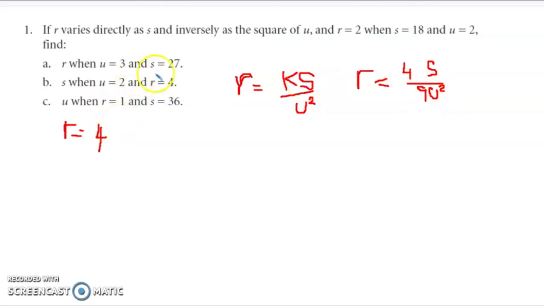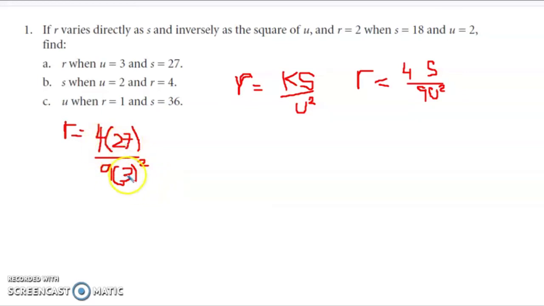So 4, S is 27. So I'll be substituting that. 27 over 9. What is the value of U? 3. Okay, 3 squared. So let us simplify.